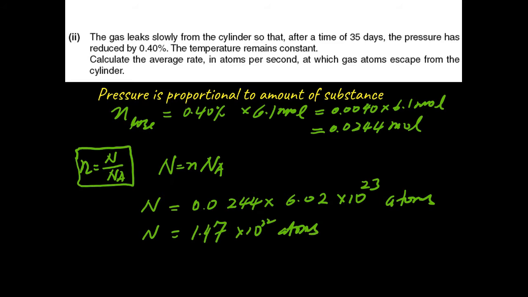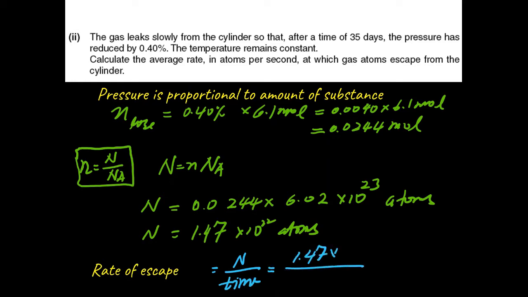The question asks for the average rate at which gas atoms escaped from the cylinder. So the rate equals the total number of gas atoms escaped divided by time taken. 1.47 times 10 to 22 over 35 days, which equals 35 times 24 hours, 1 hour is 60 minutes, 1 minute is 60 seconds.